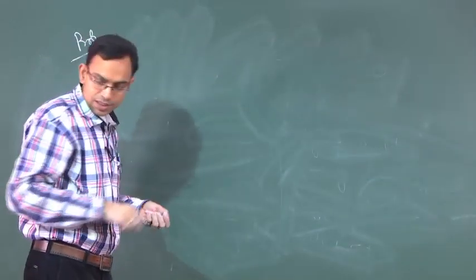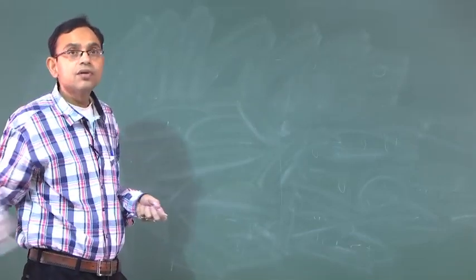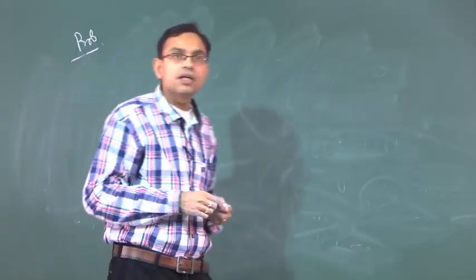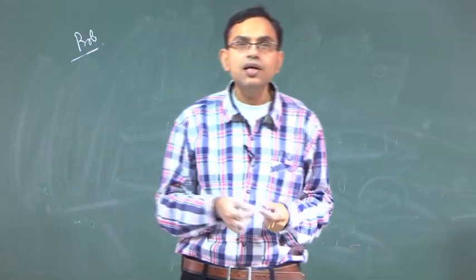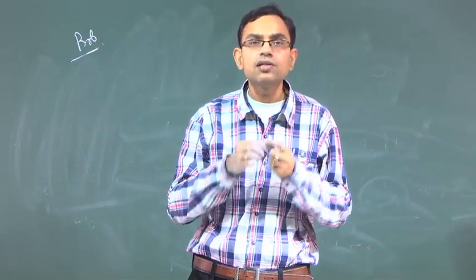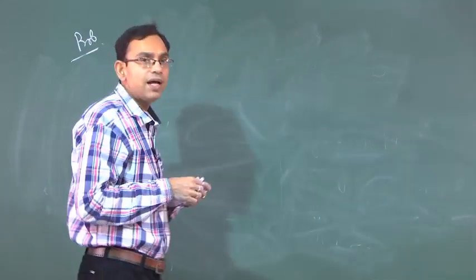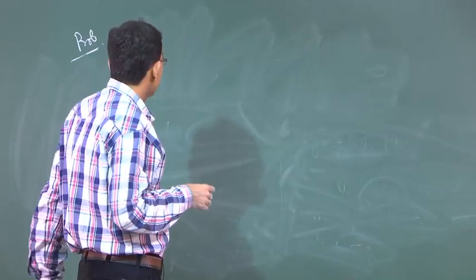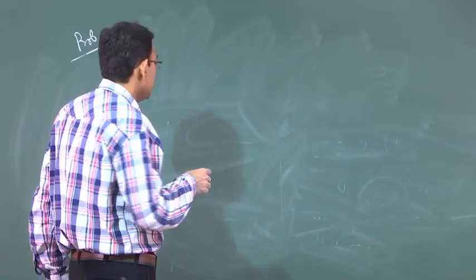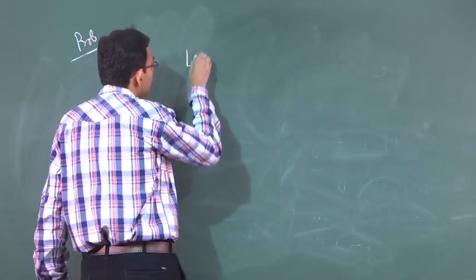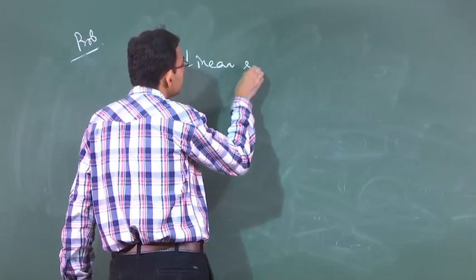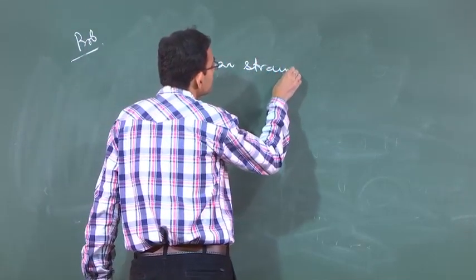When you consider the strain in a fluid, you will have two types of strain, one is a linear strain, another is angular strain. We will first understand the linear strain rate.